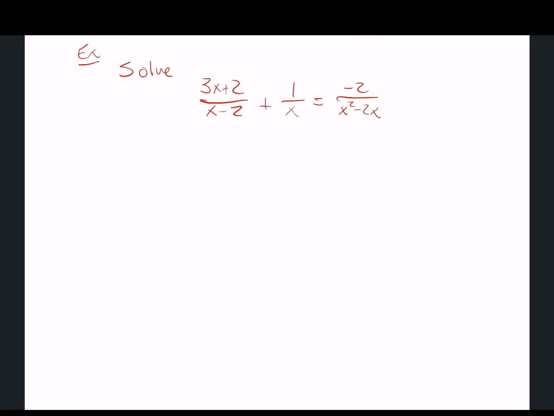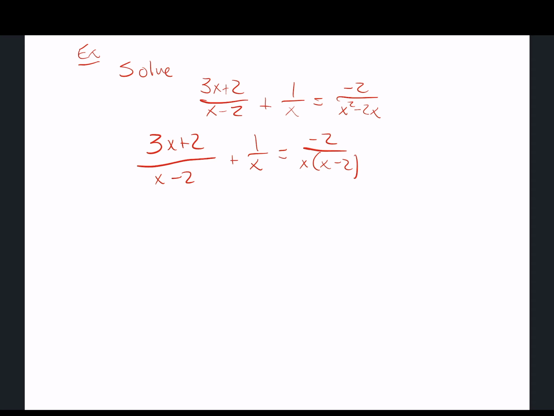Now we want to be able to clear these denominators. The first thing that I want to do is to see if we can factor any denominators. Well, we can on the right-hand side, so let's rewrite 3x plus 2 over x minus 2 plus 1 over x is equal to negative 2 over, we can factor out an x, so we get x minus 2.